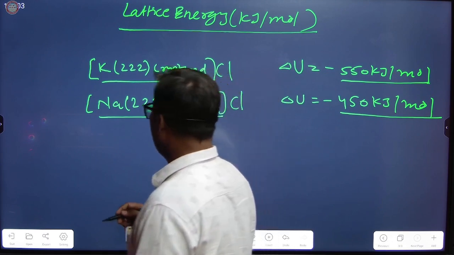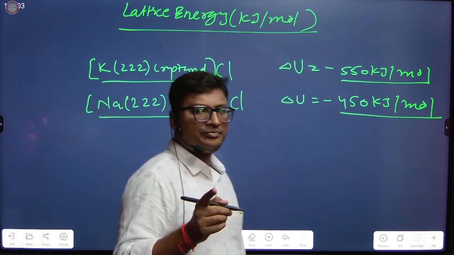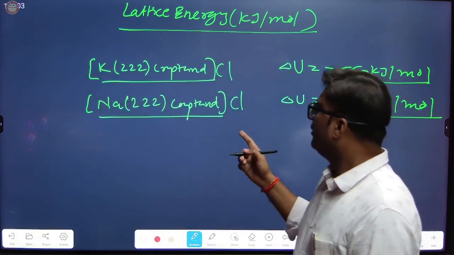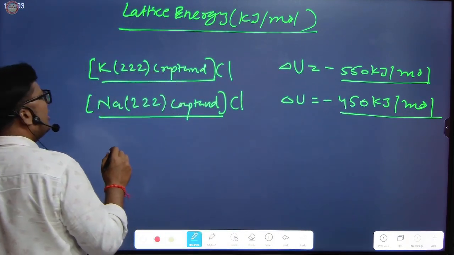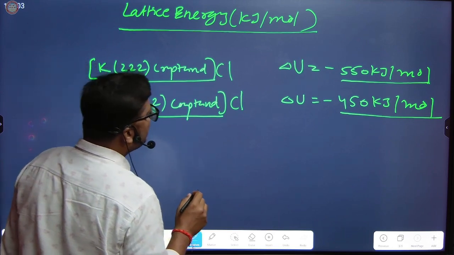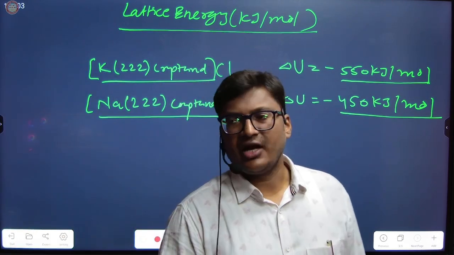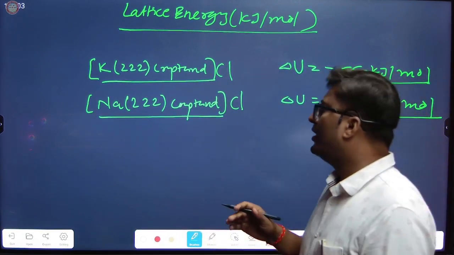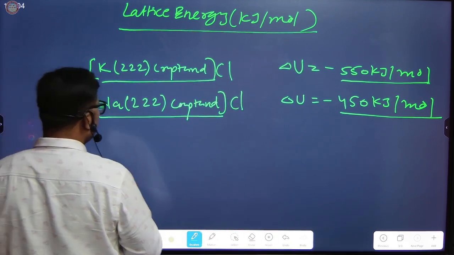So what you can infer here is that once an alkali metal forms a complex through the cryptand structure, the lattice energy decreases.